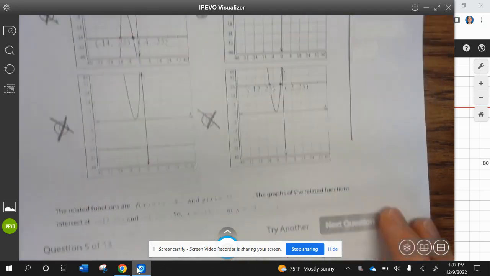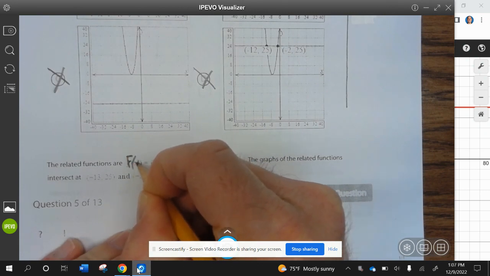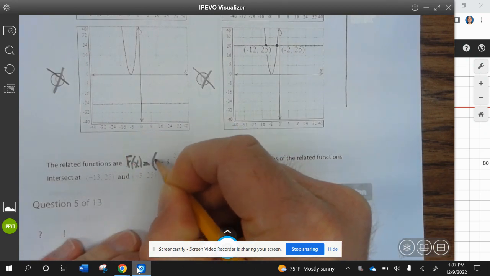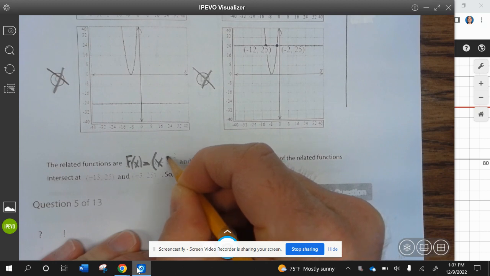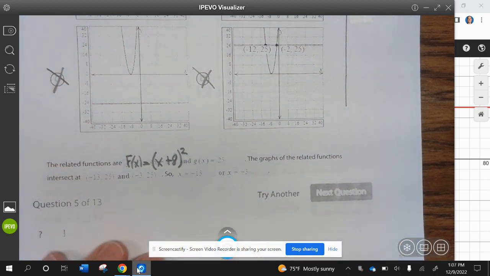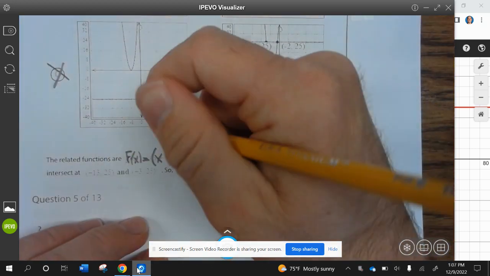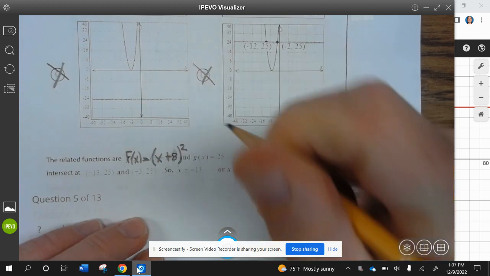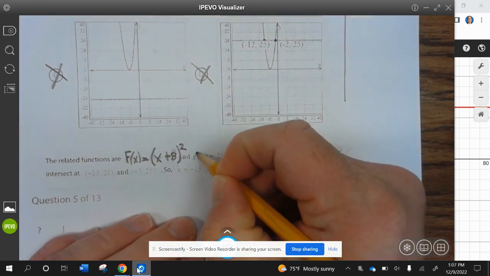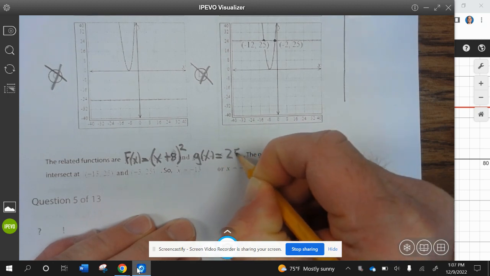All right, so the related functions are f of x equals (x plus 8) squared. Let me rewrite that 8, make that look a little bit better. All right, and g of x equals 25.